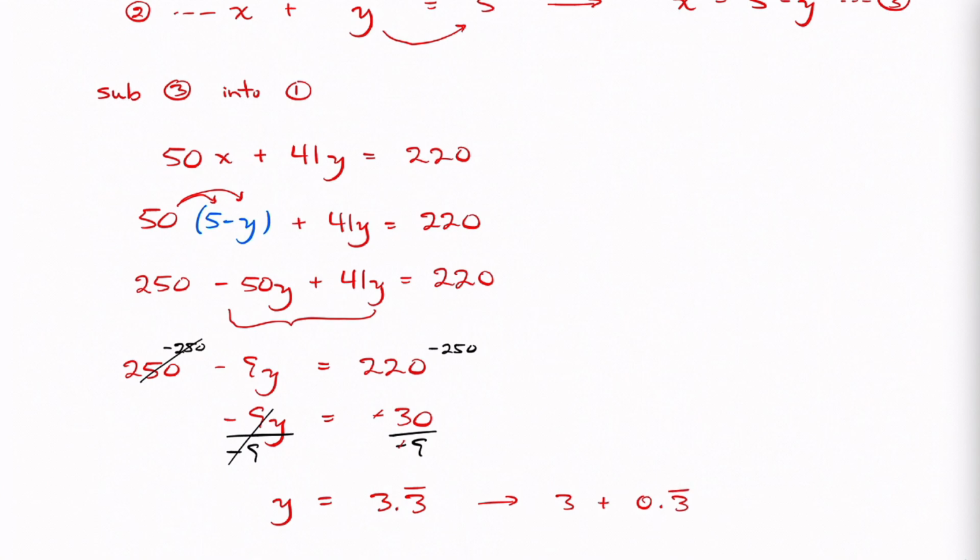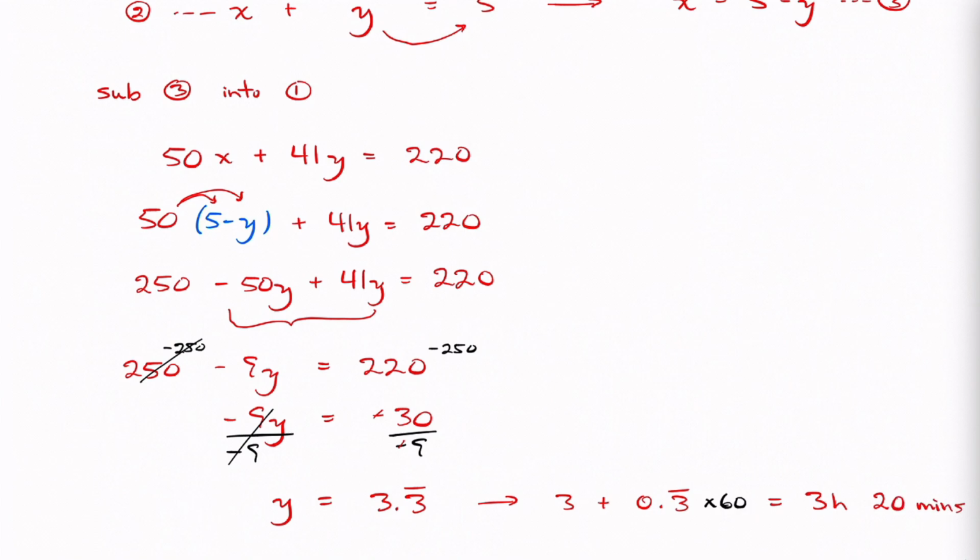So this is going to be 3 hours plus 0.3 hours, and then to change this part into minutes, you can multiply this by 60. So it's going to be 3 hours, and if you take 0.3 repeating and times by 60, you're going to get 20. So this is going to be 20 minutes.